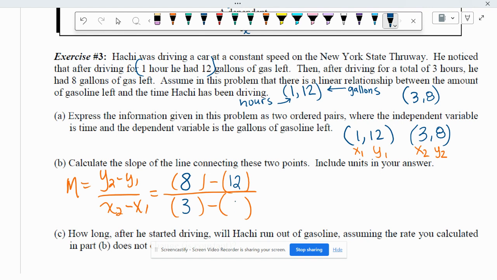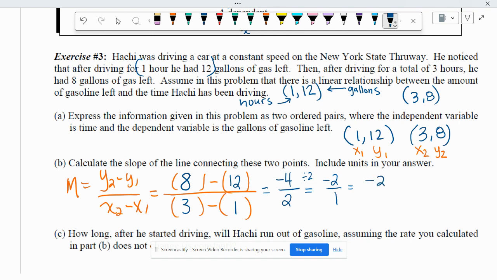Good job. So 8 minus 12 is -4. 3 minus 1 is 2. So my slope, when I reduce it, I can divide both of these by 2, is -2 over 1. It says include your units.